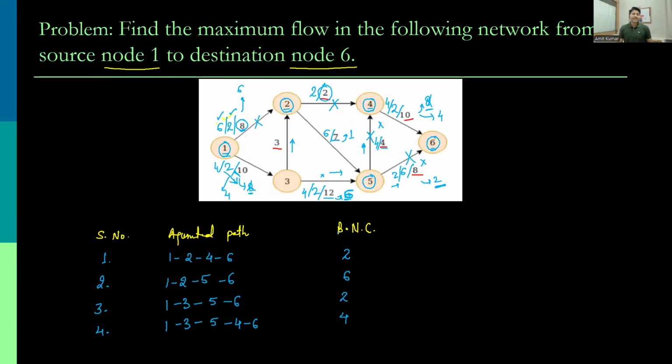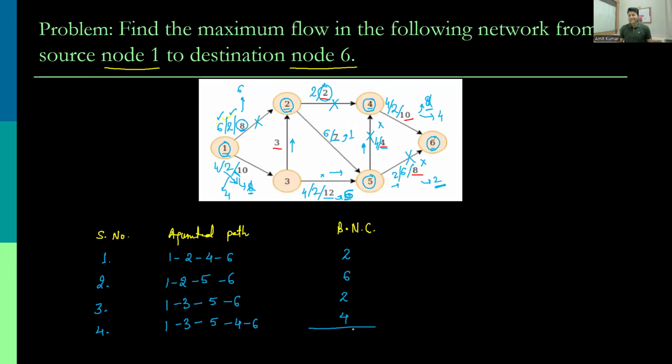So that means you can see some of the edges having leftover capacity, but we are unable to make the augmented path. So the task is over in this graph. Our task, which is making augmented paths and bottleneck capacity, is done. No further augmented path exists in this graph. So we'll stop the process.